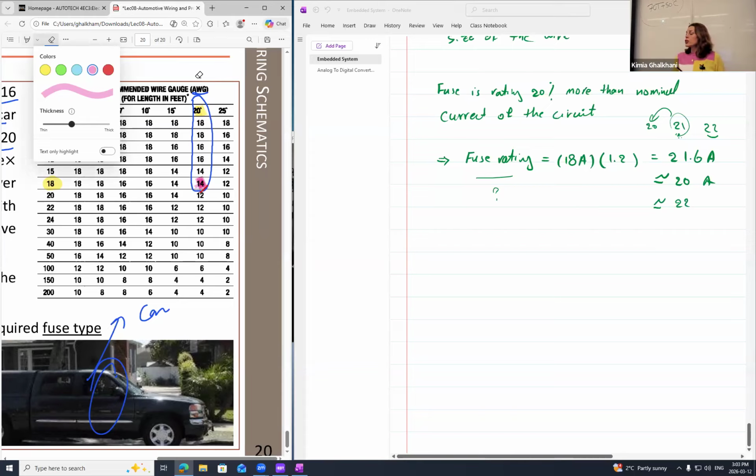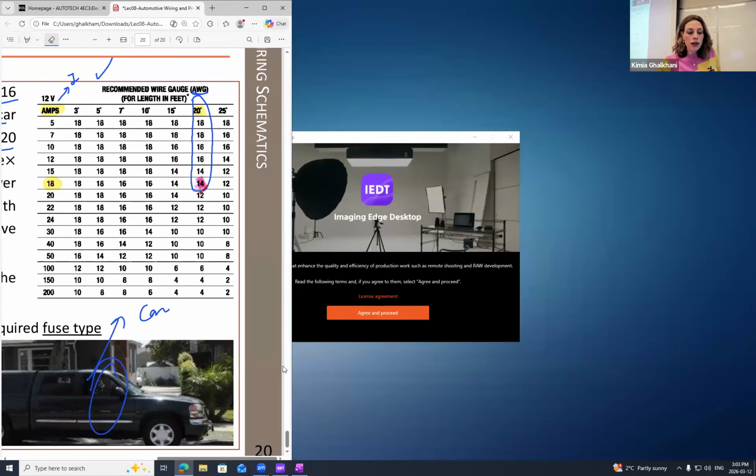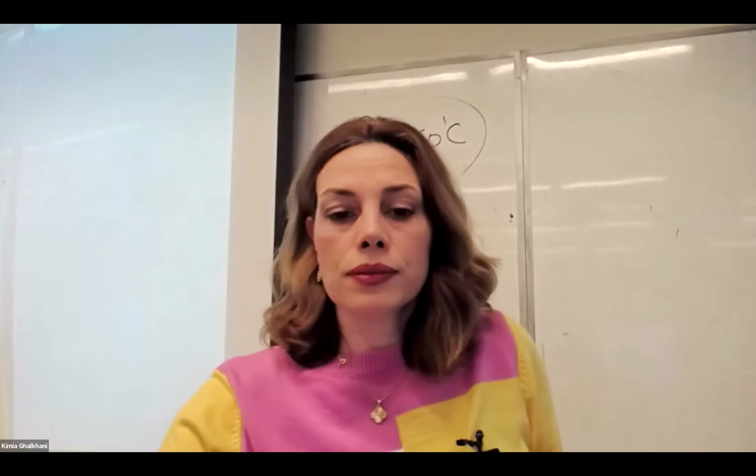You can use it for selecting any proper fuse or any other wire for any other application. If any question, feel free to ask. Otherwise, we can just finish up right here. Still, I'm available in case you guys have any questions.